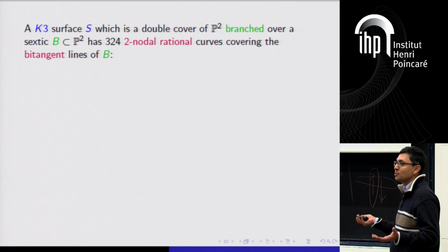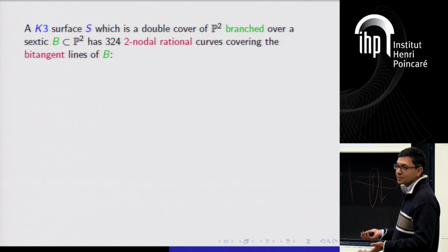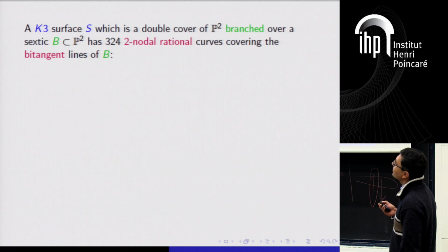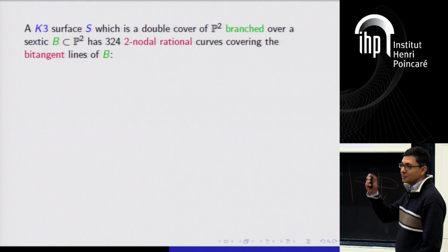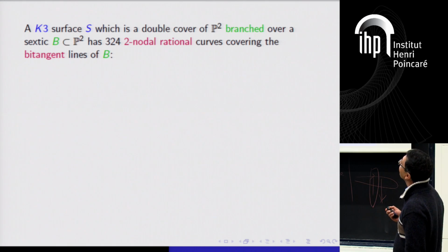This is another way to make new surfaces: instead of having them as hypersurfaces, having them as branched covers of surfaces you know. The simplest surface is CP2, and I want to branch it along some curve to make a K3 surface. If you do a calculation, it turns out you have to have a sextic. This 6 plays the role of the 4 for the degree. There's some particular degree that's right, and it turns out to be 6. It's a very old fact in algebraic geometry that a sextic has 324 bitangent lines. I'll draw a picture of it.